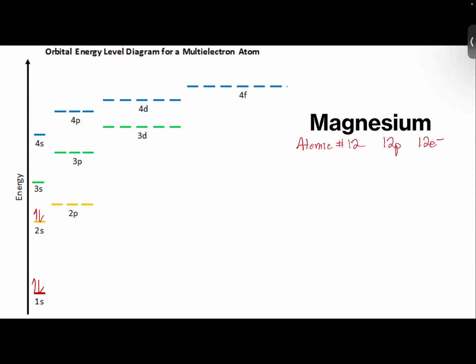Then we move to the 2p's, and because they're a set of degenerate orbitals, we place 1 in each orbital before pairing it up. Then we move to the 3s, and we put in 2 electrons, and that gives us 12 electrons. So the electron configuration would be 1s2, 2s2, 2p6, 3s2.